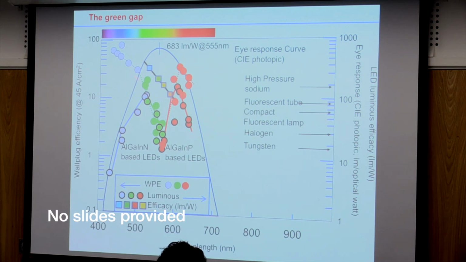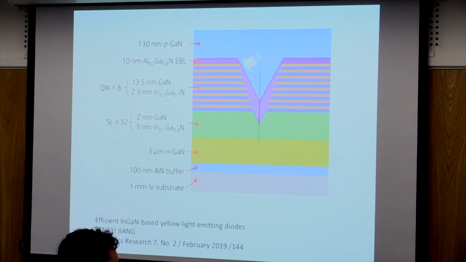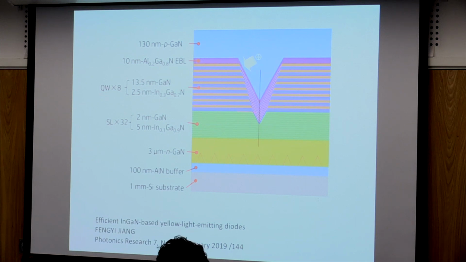Recently, in one paper, this gap is almost closed at this point, which is due to using very different systems. Instead of having well-defined stacks of barriers and quantum well layers, you have a geometry which is called the V-pit.